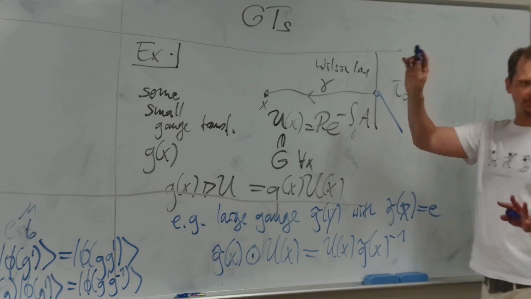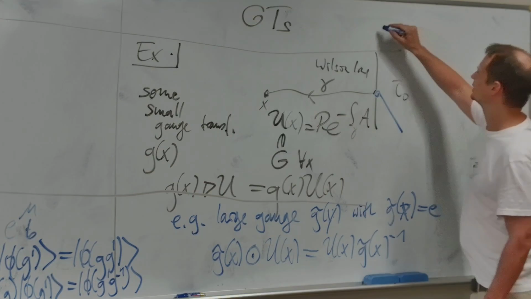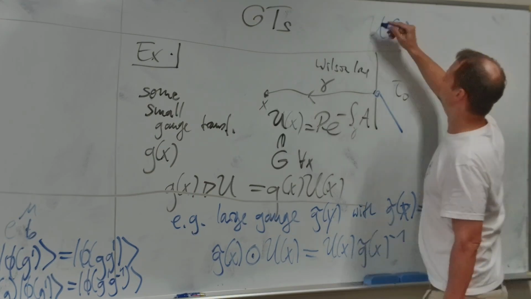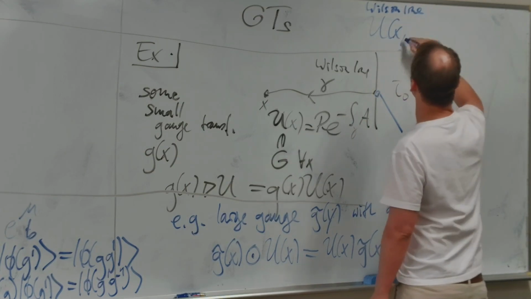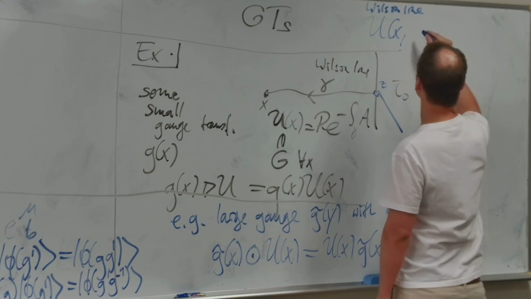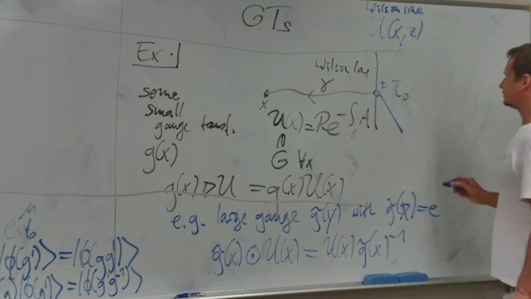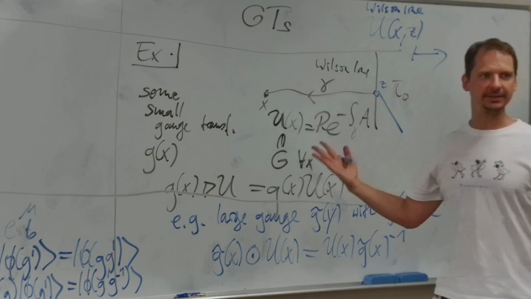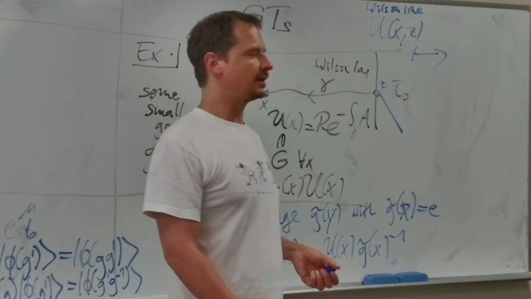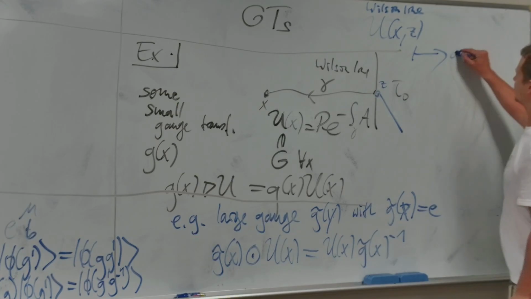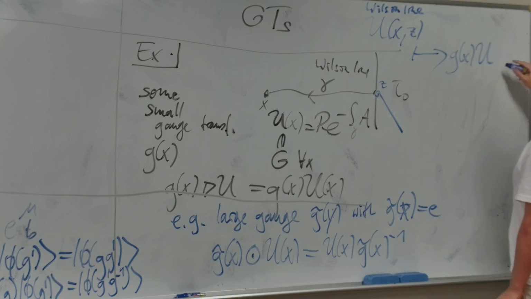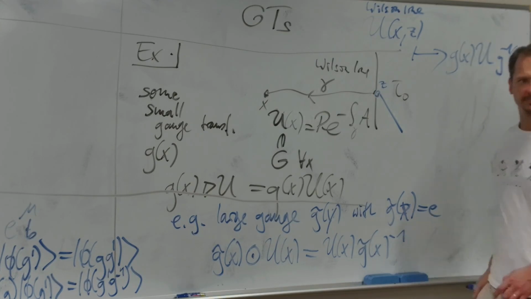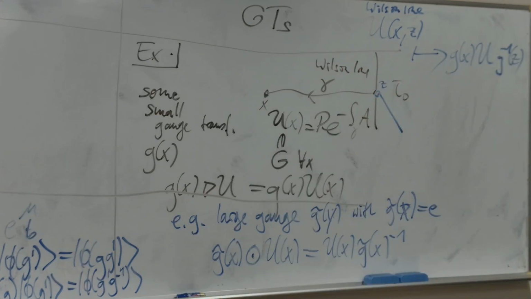I guess most people know how Wilson lines transform. So if you have the Wilson line from X to Z, and there's some arbitrary gauge transformation, small or large, this will transform as U of X to Z going to G of X times U times G inverse at Z. So that's a standard transformation of the Wilson line.